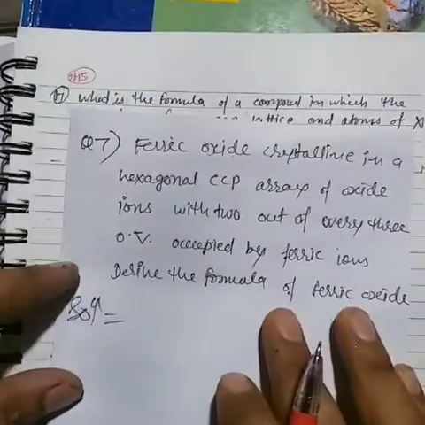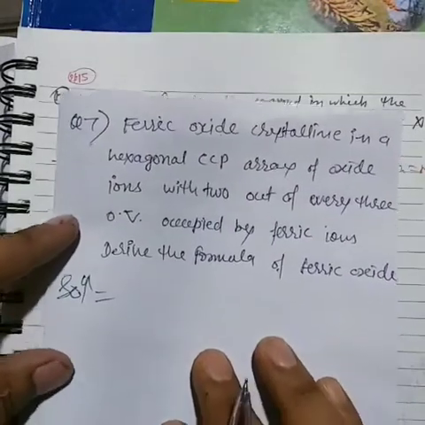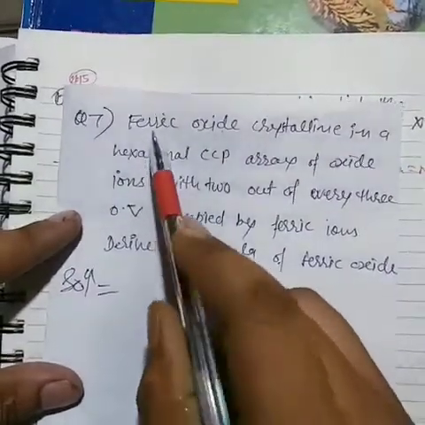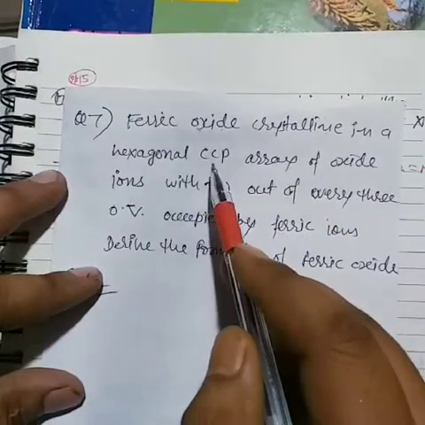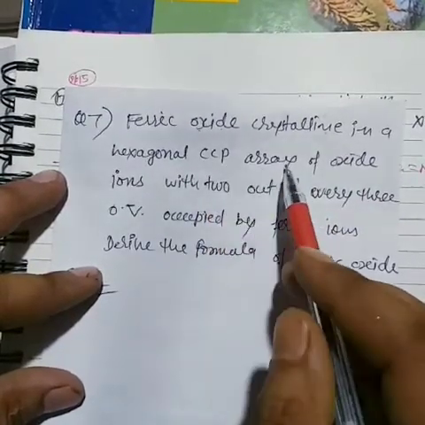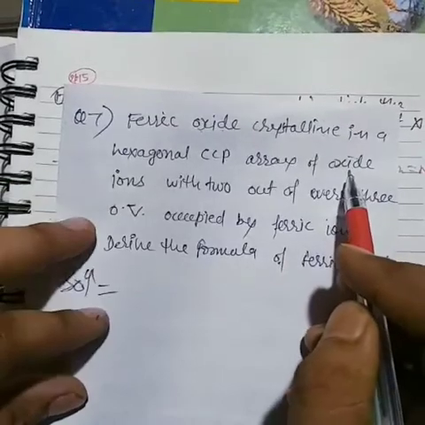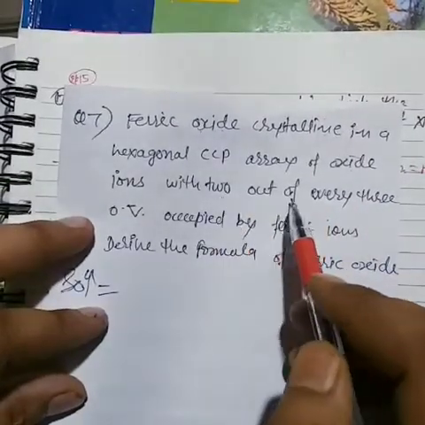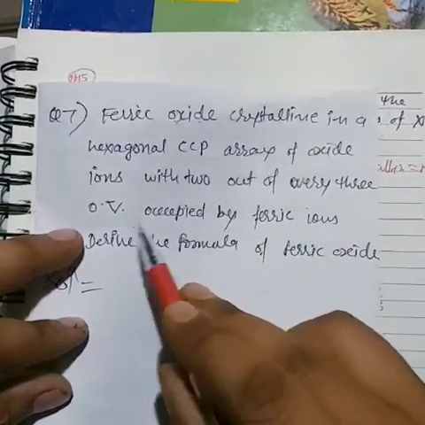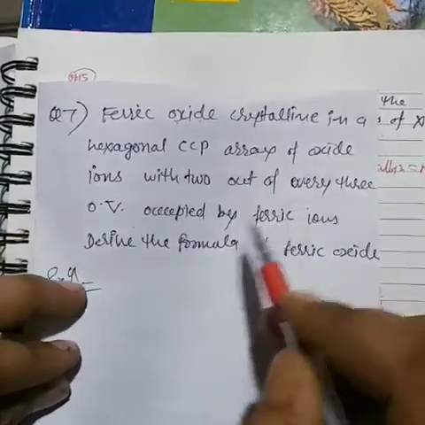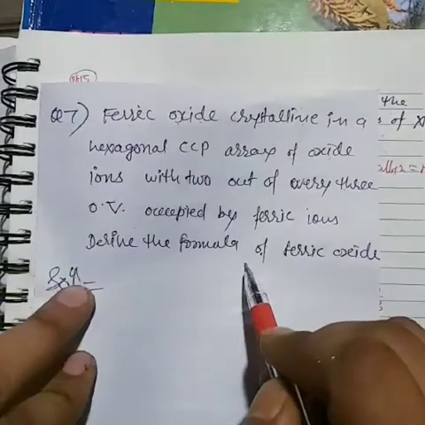Now the last question I want to tell you, it is also very important. Ferric oxide crystallizes in a hexagonal cubic close packing array of oxide ions with 2 out of every 3 octahedral voids occupied by ferric ions. Derive the formula of ferric oxide.